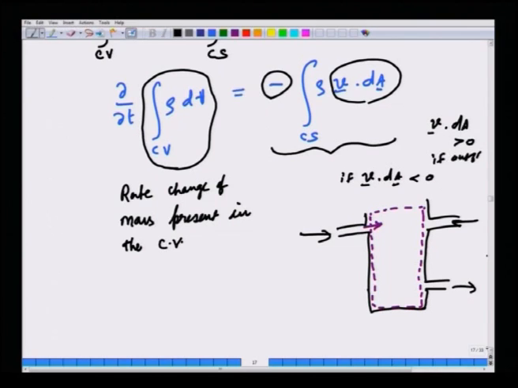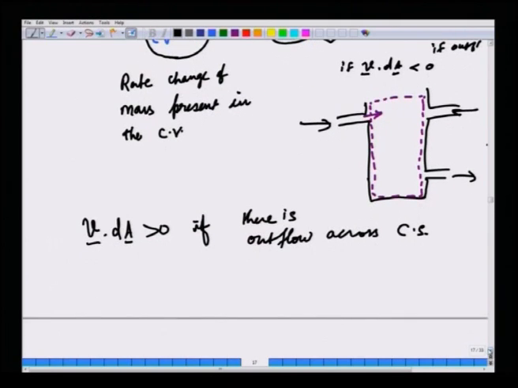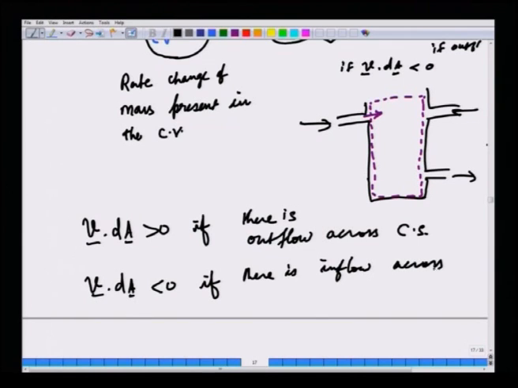Again, the sign convention is such that V dot dA is greater than 0 if there is outflow across a control surface, CS, and V dot dA is less than 0 if there is inflow across the CS.